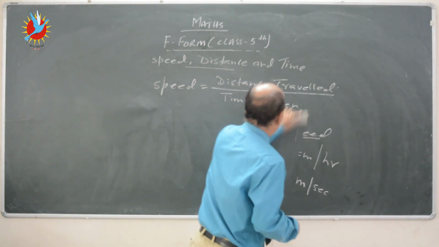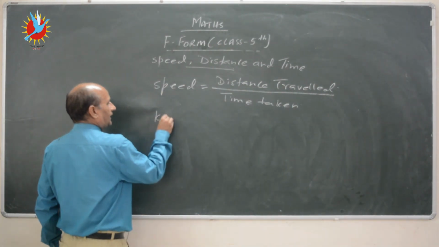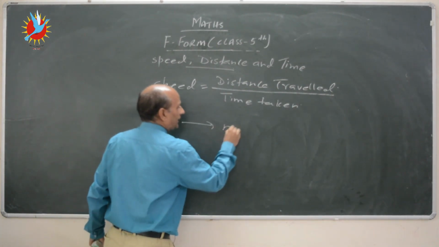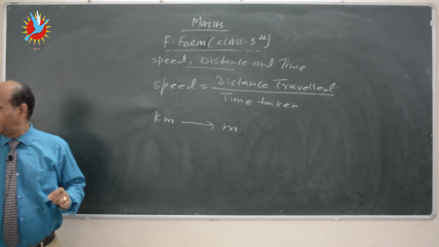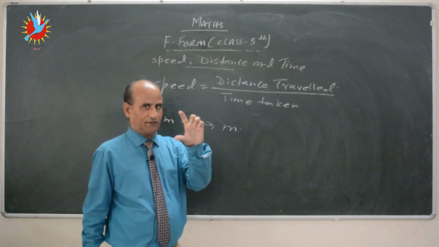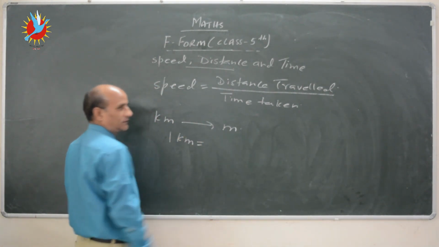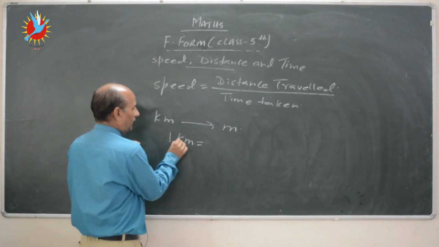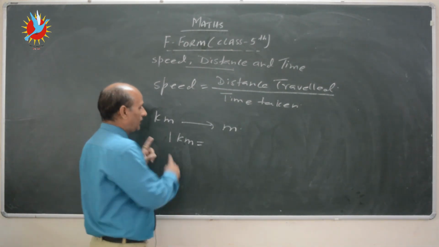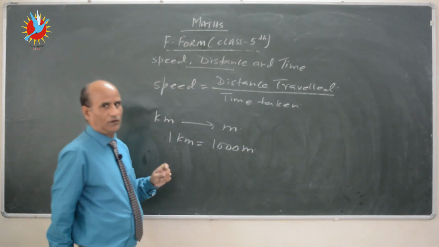Suppose you want to convert kilometer into meters. Now the word kilo itself means 1000. So 1 kilometer means 1000 meters.